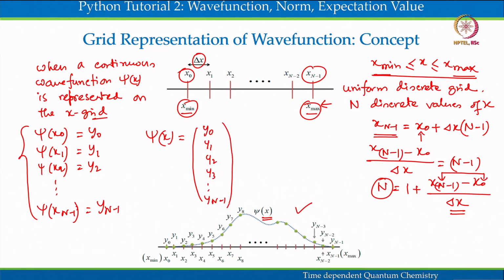That's the column matrix we form, and that's the representation. This column matrix can be represented in Python programming by an array.